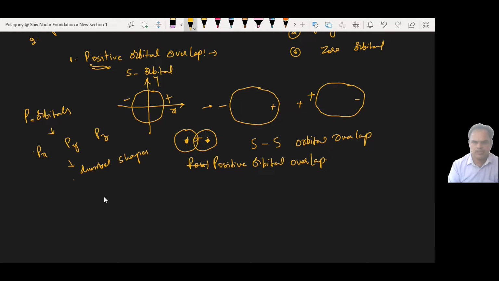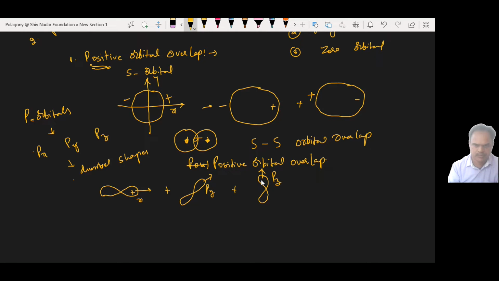If you find the probability density of the electron along the x-axis, that is px; along the y-axis, that is py; and along the z-axis, that is pz.